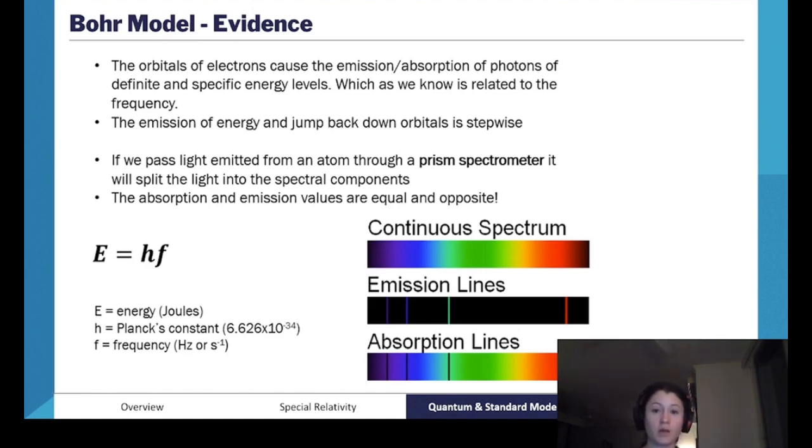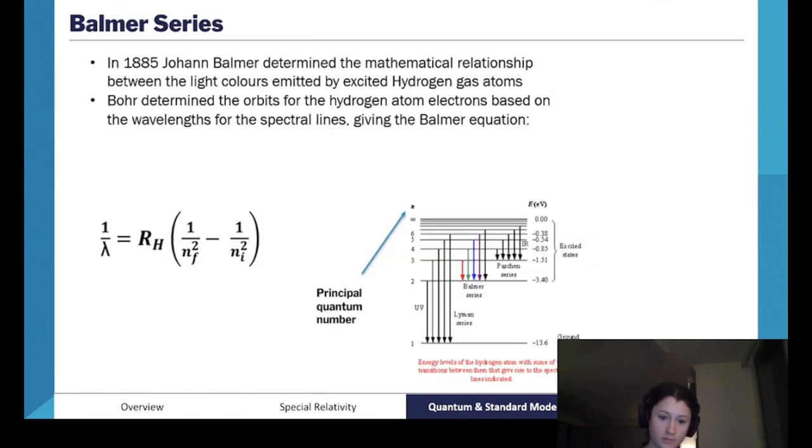So, the frequencies of light that an electron will emit are opposite to the frequencies of light which an electron will absorb. However, Rutherford's model predicted a continuous spectrum, right, where any frequency was emitted or absorbed. But of course, this is not what we saw. We saw discrete and definite amounts.